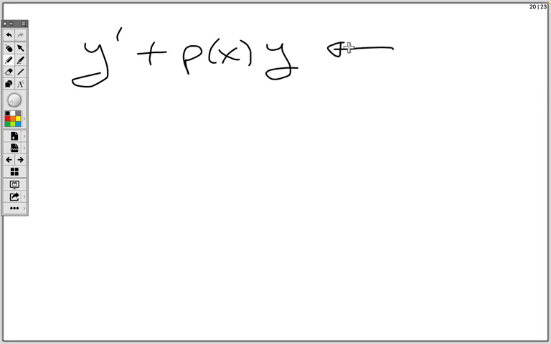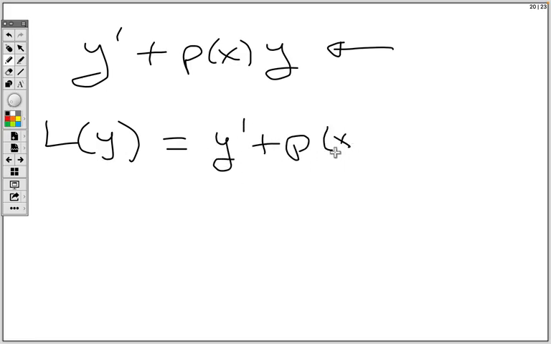Well, let's take a look at what's happening here. We'll look at the left-hand side of our linear differential equation. And let's look at this as a linear operator. L of y equals y prime plus p of x y.